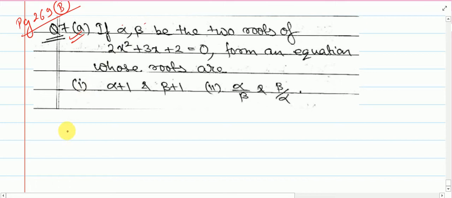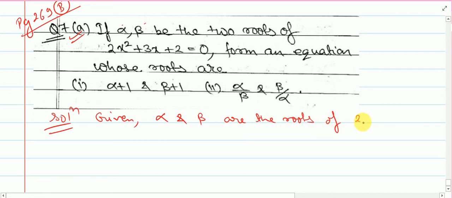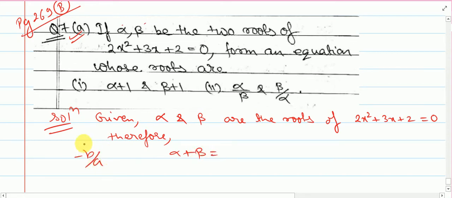So solution: given alpha and beta are the roots of 2x square plus 3x plus 2 is equal to 0. Therefore, alpha plus beta, means sum of the roots, will be minus b upon a. So here what is your b? It's 3.